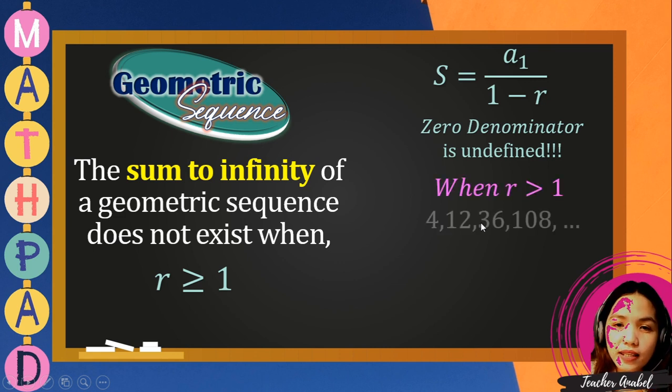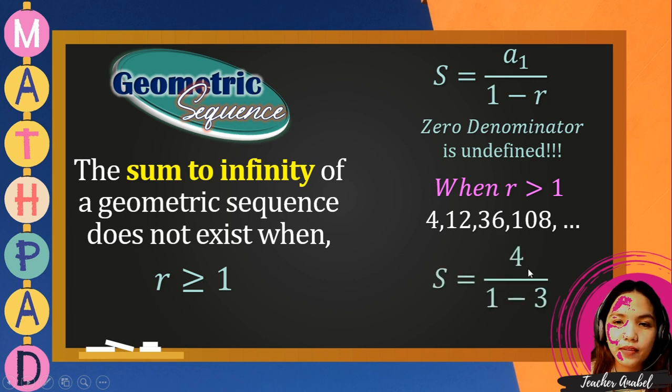Okay? So let us have this one. Di ba, pataas ng pataas yung value ng mga terms. Tingnan natin kapag ini-apply natin yung formula. So, a sub 1 here is 4. 1 minus common ratio here is 3. So, 1 minus 3 is negative 2. And 4 divided by negative 2 is negative 2.